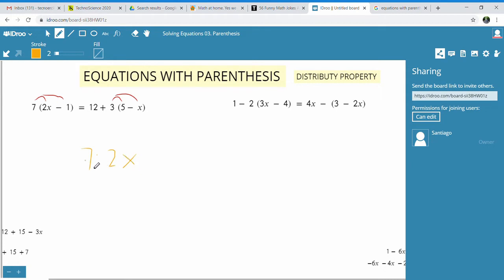How do you multiply this type of monomials? You multiply the coefficients and the literal part. Here we don't have a literal part, then the result is going to be 14x. Because if you don't have a literal part, it is like you had x to the power of 0, which is 1, and this is why it doesn't appear.